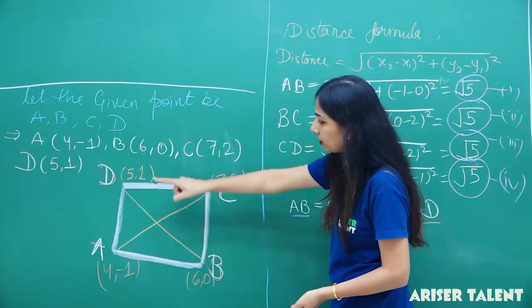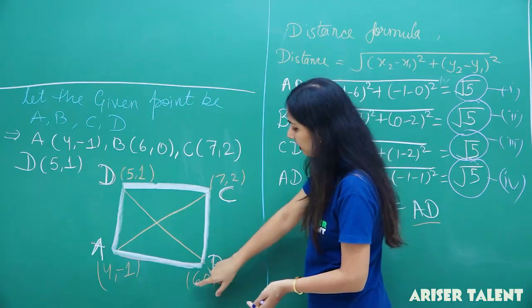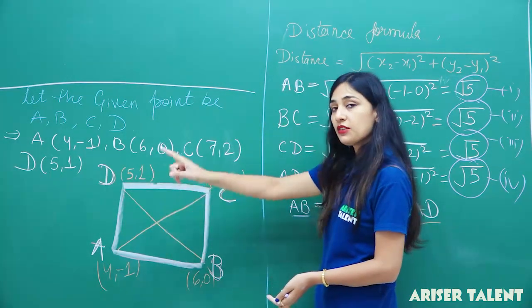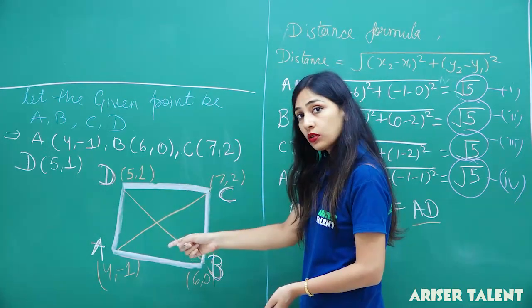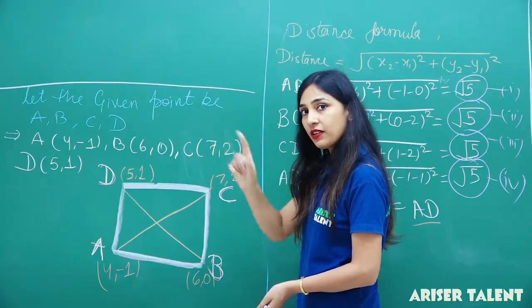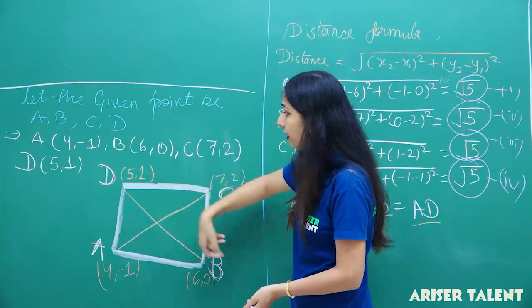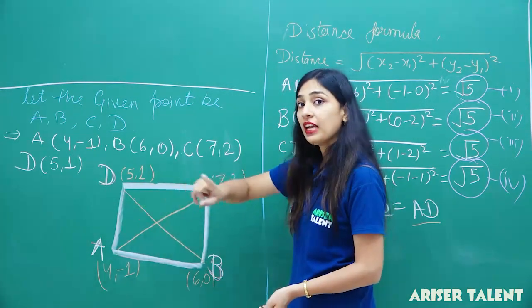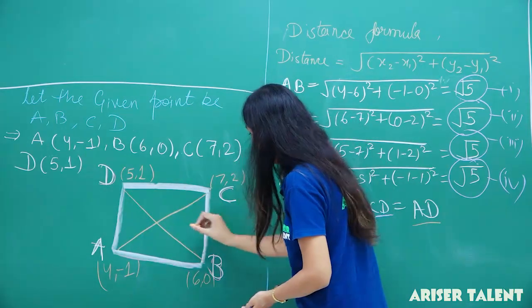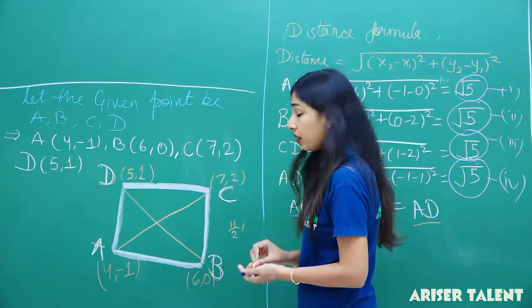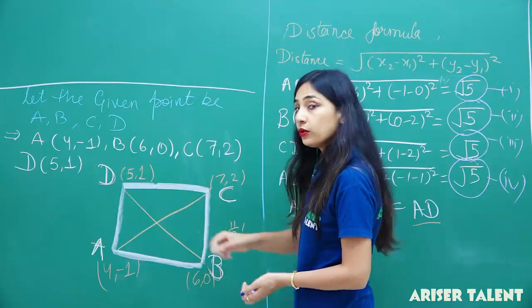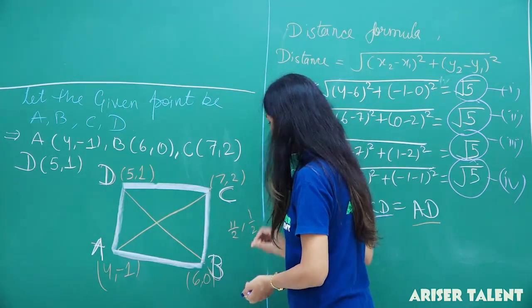The midpoint of the first diagonal will be (6 plus 5) by 2, which is 11 by 2, using x1 plus x2 by 2. So the midpoint will be 11 by 2, comma, (1 plus 0) by 2, which is 1 by 2.